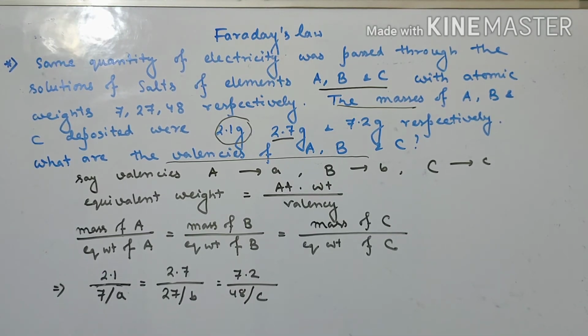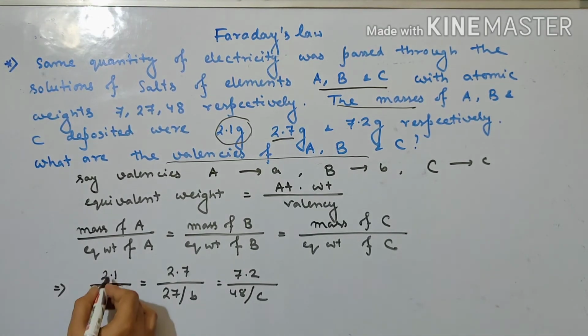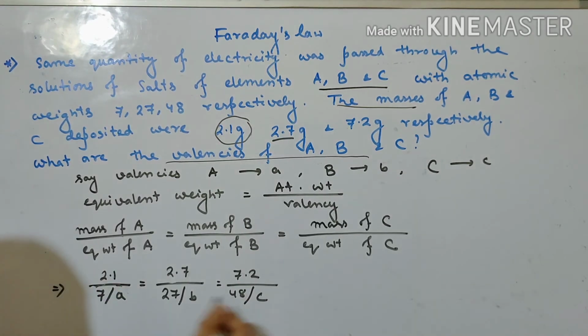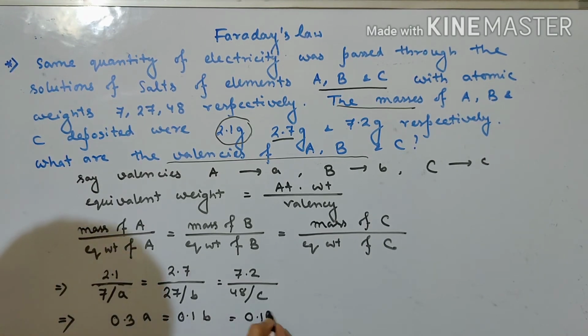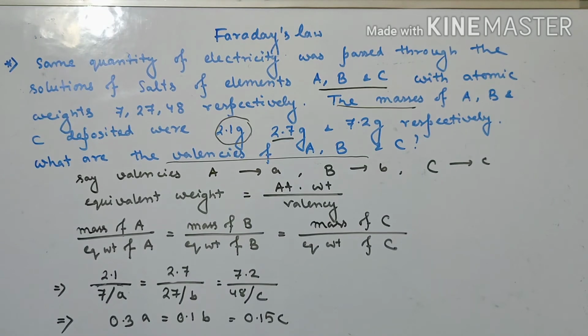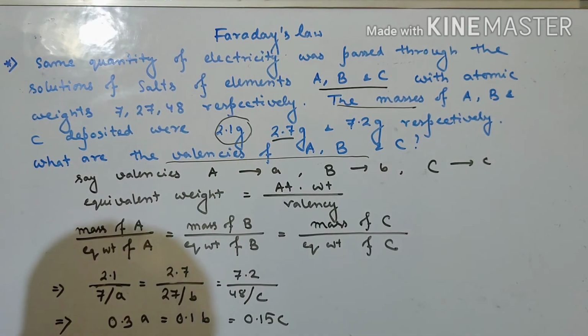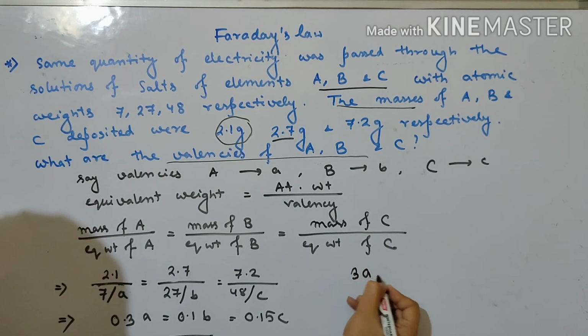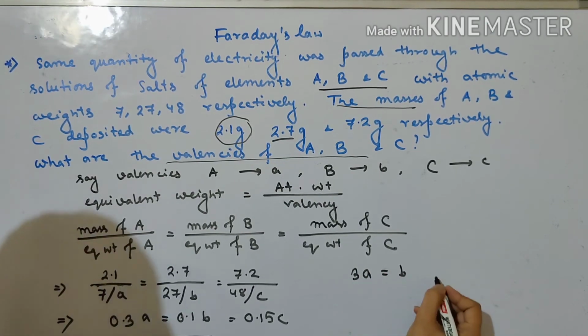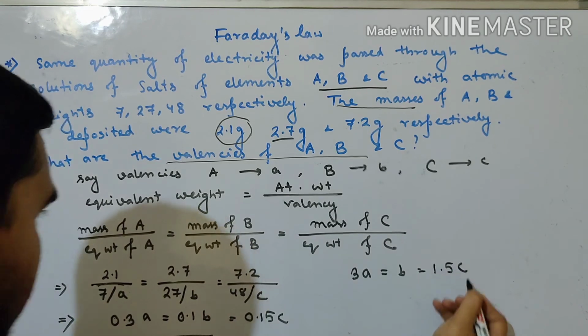After simplification, you can see it is 7. If you multiply it 3 times, I can write this as 0.3 into a is equal to 0.1 into b is equal to 0.15 c. If I take these two only, I can say that 3a is equal to b is equal to 1.5c.